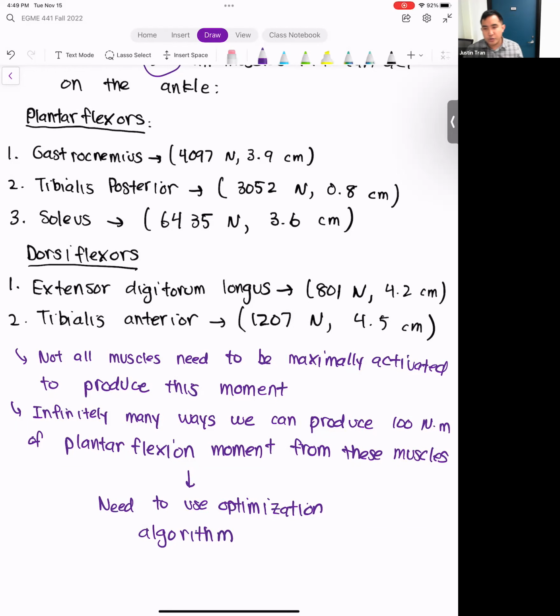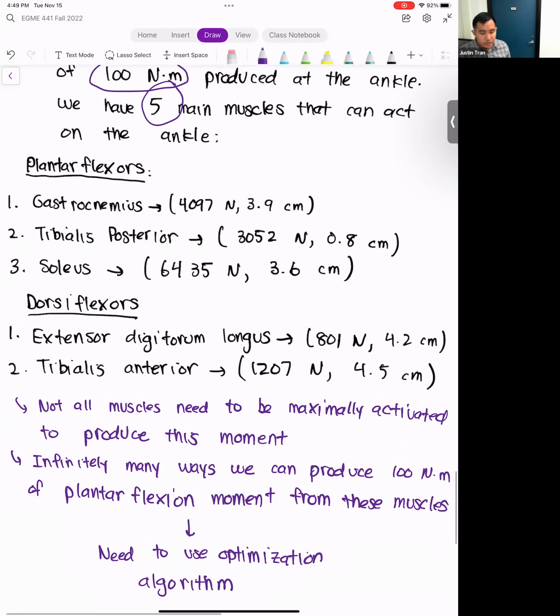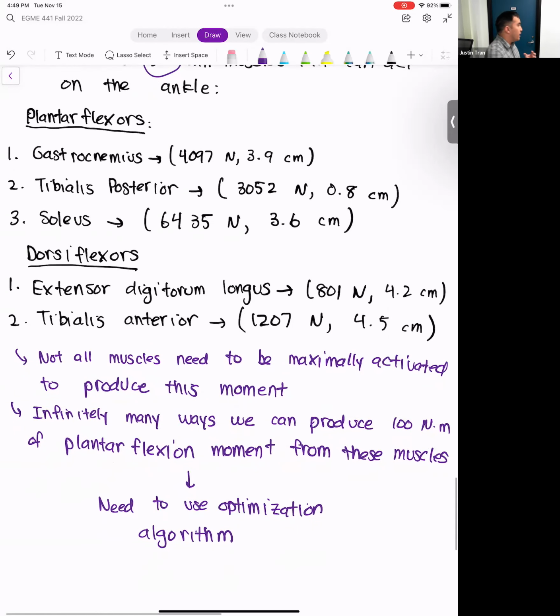And so in this problem, I'll demonstrate how to take a biomechanics problem like this, how to formulate it in terms of an optimization problem, and then how we actually set this up in MATLAB for us to solve.